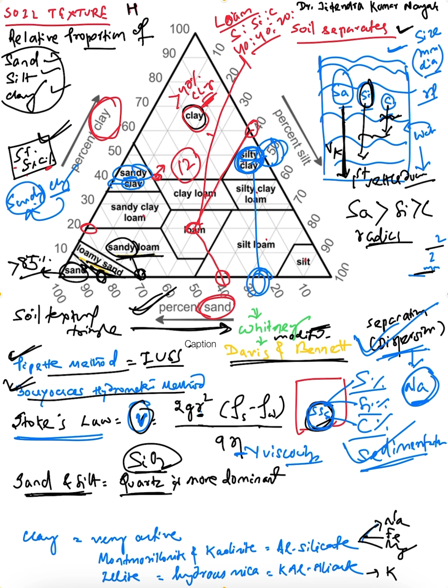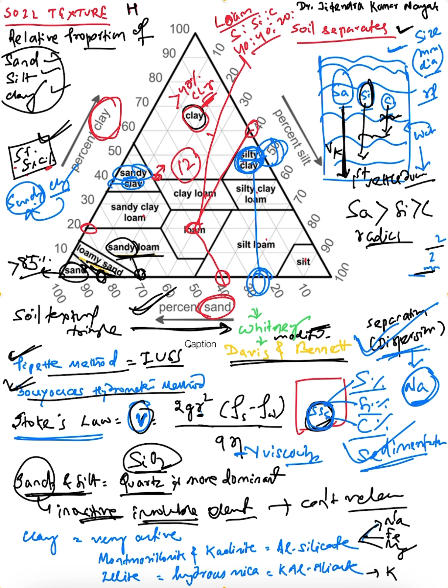Sand contains mostly inactive and insoluble elements. Whatever elements are present in the sand are inactive as well as insoluble. As they are insoluble, sand cannot release any nutrient to the plant.